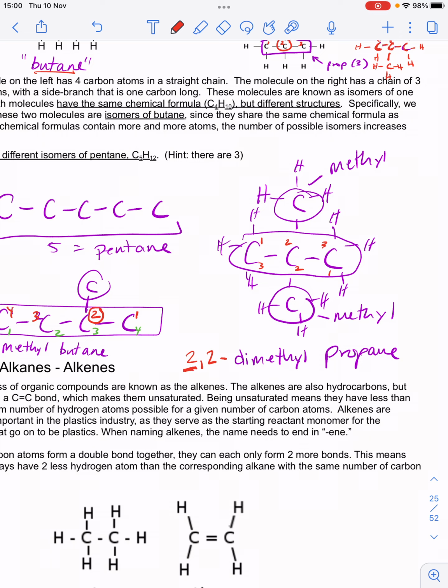The 2, this is where one of the methyls is, and here's where the other methyl is. So if you include numbers, you need to include as many numbers as there are branches. So since there's 2 methyls, I need to include a number for each of them. And it gets a little messy, it gets a little complicated, and yet it's actually a very detailed, very well organized naming system so that we can name molecules with immense complexity.